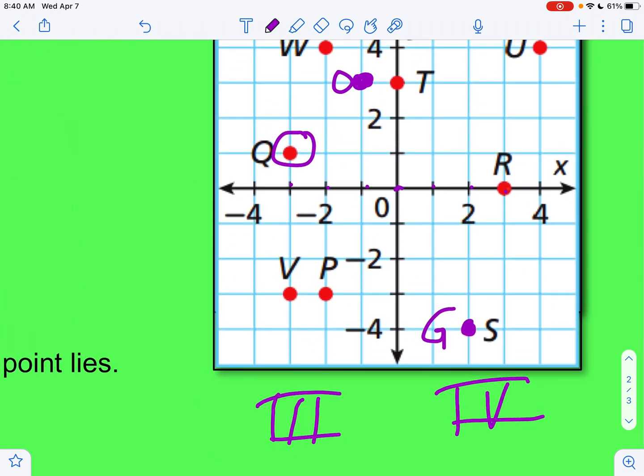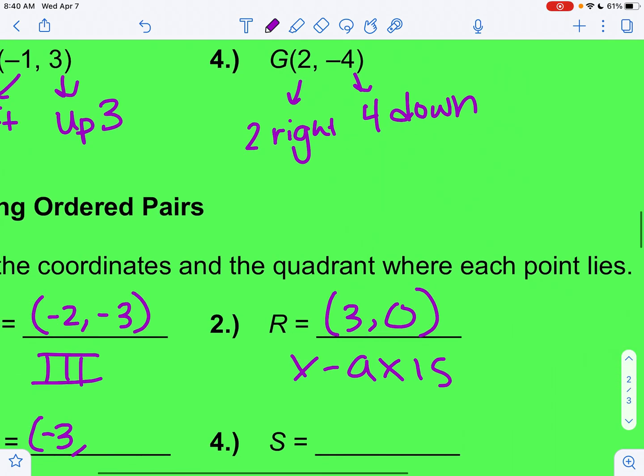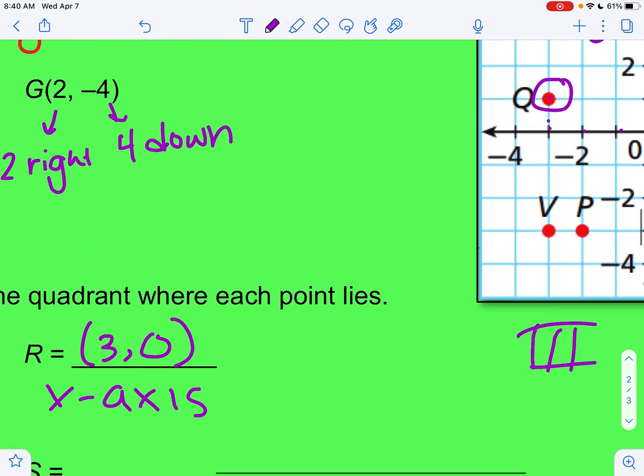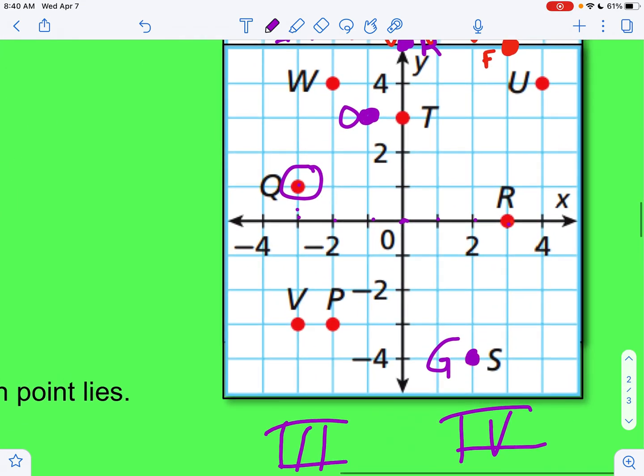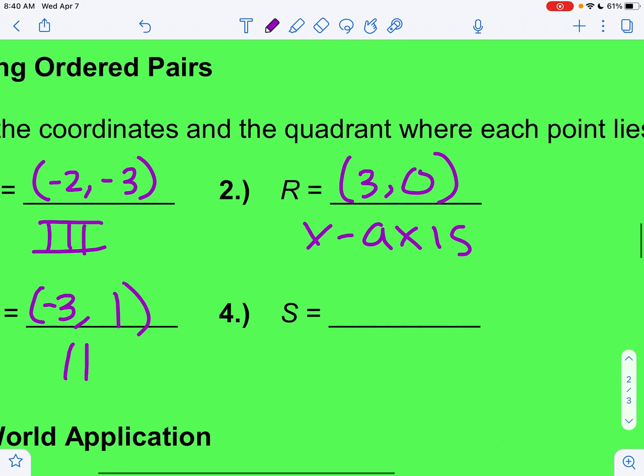And now our y value is if we're moving up or down. Well, we're moving up 1, so that tells us it's a +1. So -3, 1. Now we need to figure out which quadrant this is in. Well, if you notice, this is in the second quadrant. So that is what you would write.